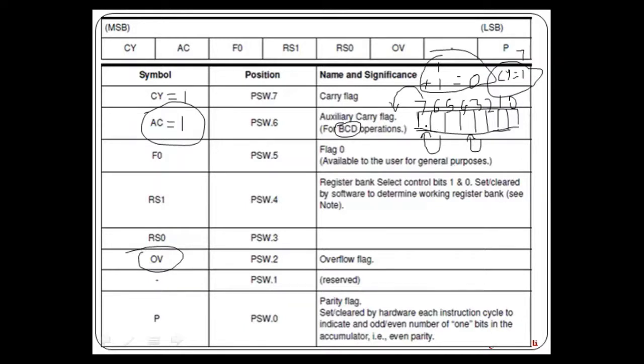The result is 0 and this 1 will come in the 7th bit. Correct? This will be 0 and this will become 1. So when this happens, your overflow flag will be set. So your overflow flag is now 1. Now again the question is, why am I interested in an overflow or a carry from bit number 6 to bit number 7? Why am I interested?